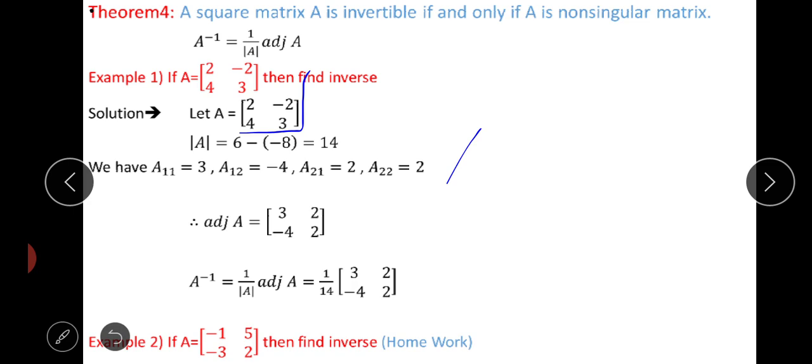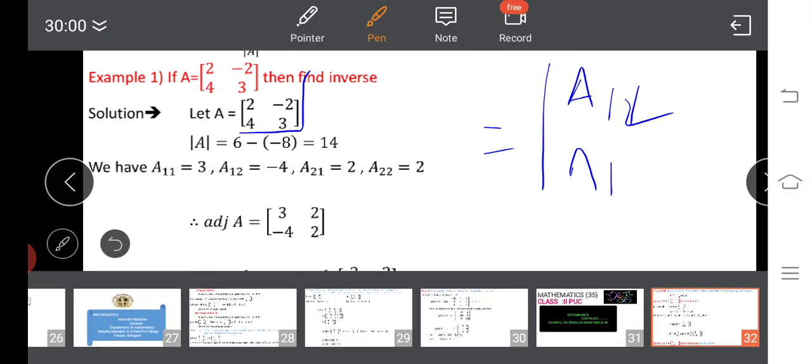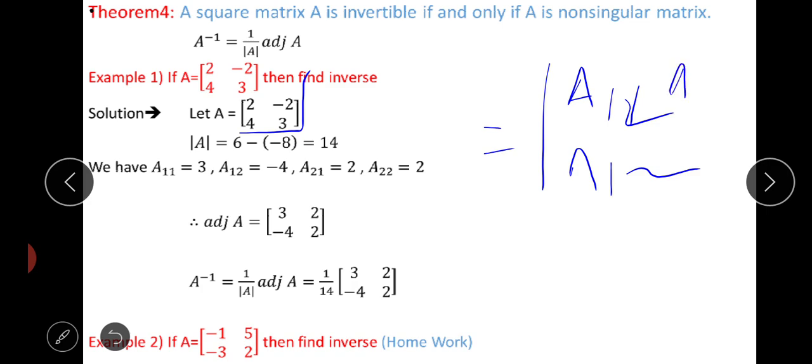Then adjoint of the matrix can be written by changing rows to columns: A11, A12, A21 and A22. A11 is 3, A12 is minus 4, A21 is 2 and A22 is 2.